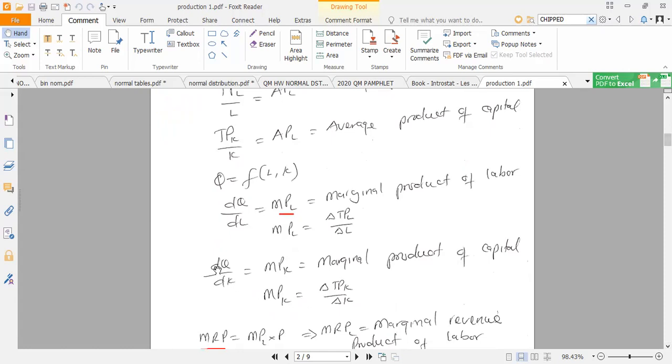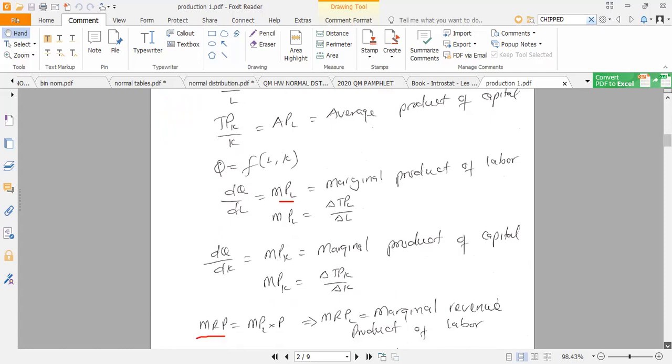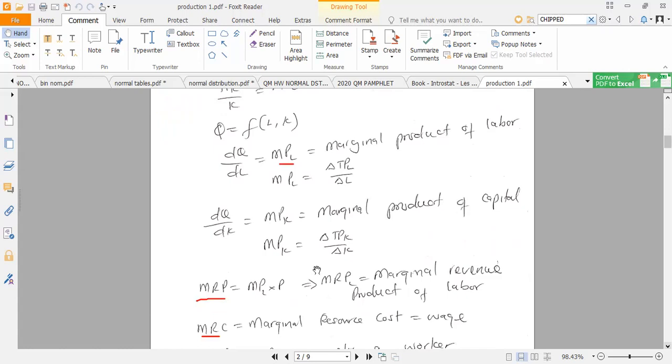If we are differentiating dQ over dK, this is called the marginal product of capital. The incremental changes in production are called marginal product. So the marginal product of labor times the price is called the marginal revenue product.